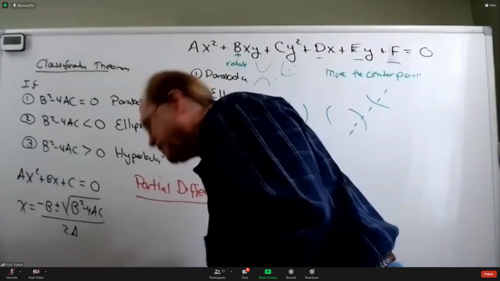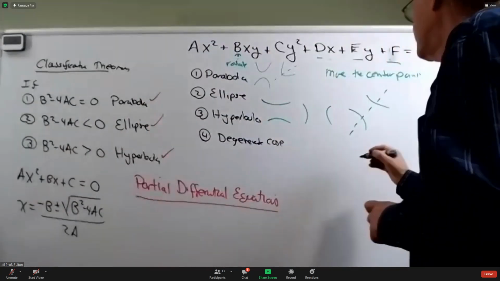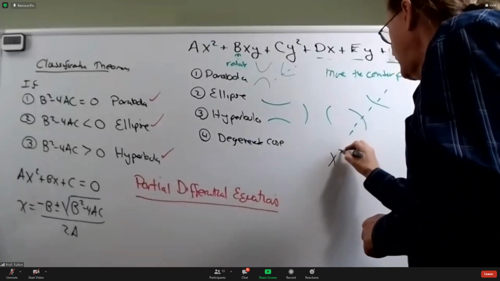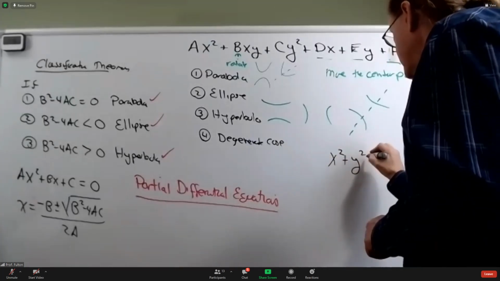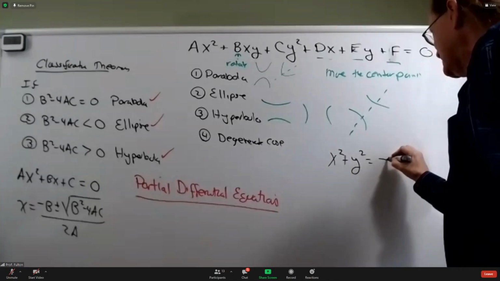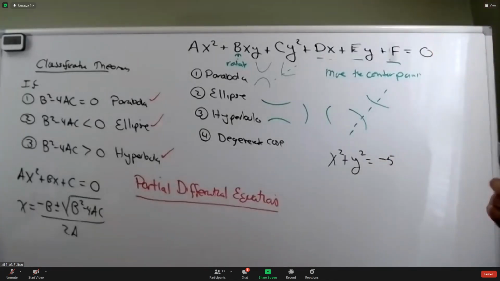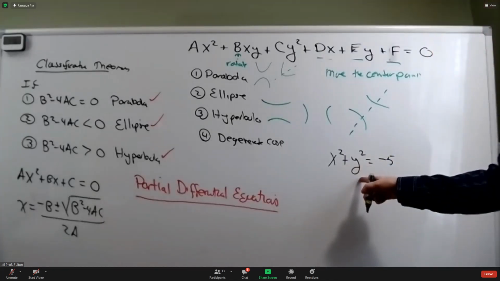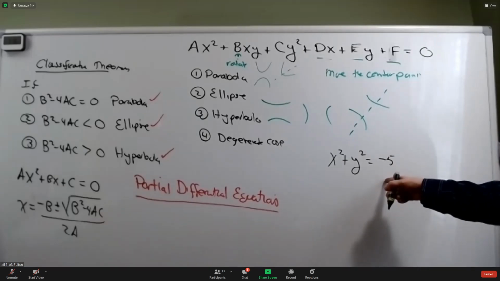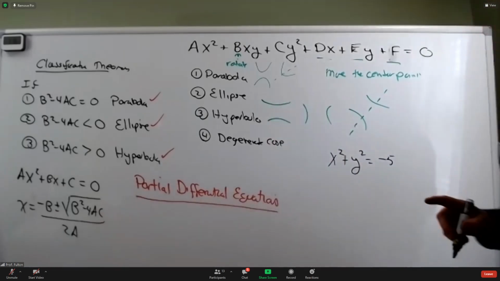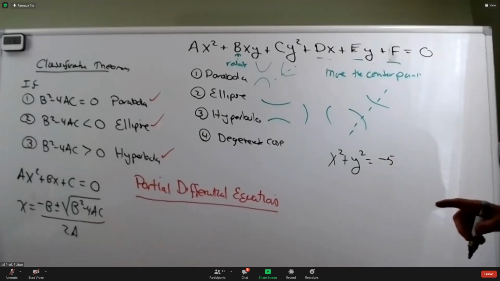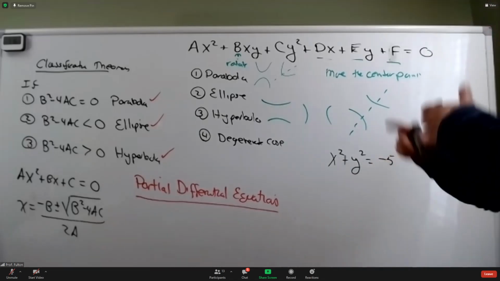For example, let's put a simple idea of a degenerate case. Say I had x squared plus y squared is equal to a negative 5. That's impossible. I can't add 2 squares together and get a negative. It doesn't work. That would be an example of the degenerate case. So sometimes things do not work out.